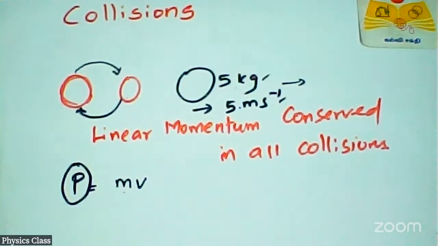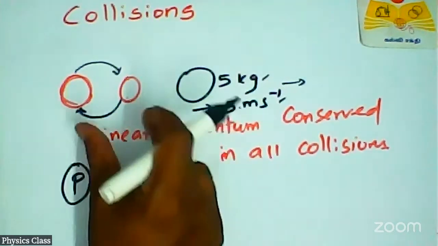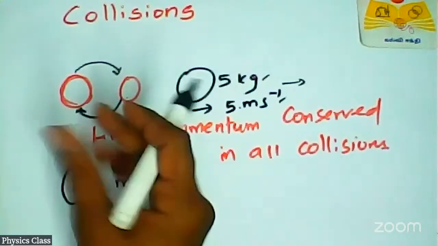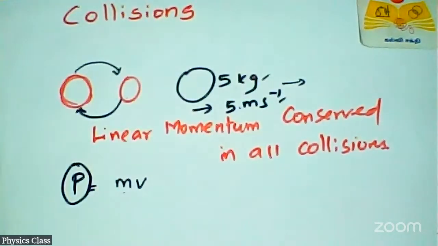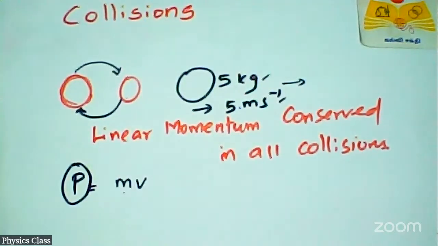Whenever two bodies collide, there are mutual impulsive forces acting between them during the collision.